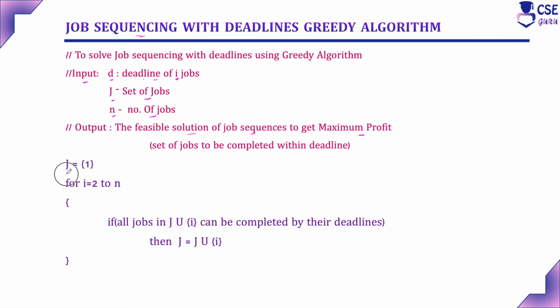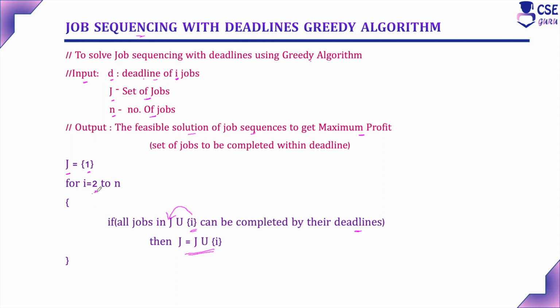So consider initially J is nothing but the first job. So the first job is added to the job subset. For I equal to 2 to n, that is, from the second job onwards, we need to implement this condition. If the I-th job is completed within its deadline, we can add those jobs to the job subset.